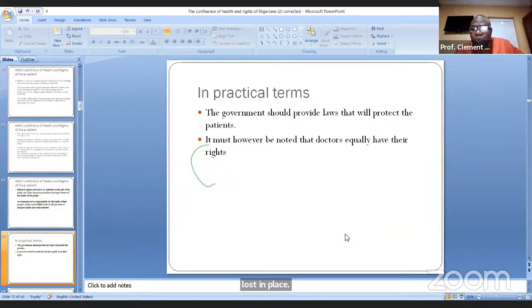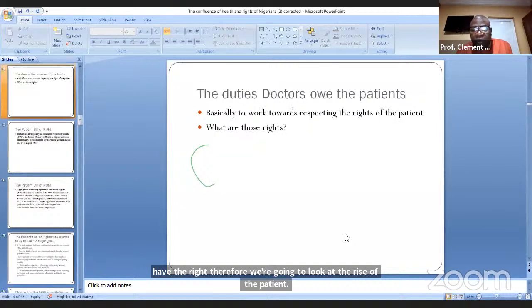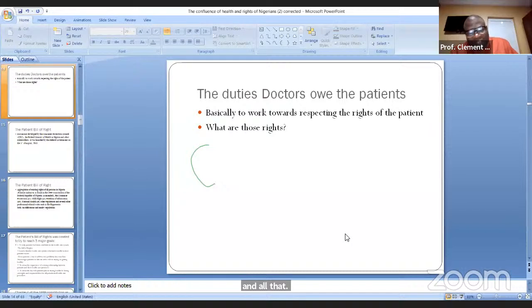Number 2, we also need to know, however, that doctors are human beings and that they equally have their rights. Therefore, we're going to look at the rights of the patients juxtaposed against the rights of the doctors, and we'll draw some similarities. Now, we mentioned duty of care a while ago in general terms. We're now looking at the duties the doctors owe the patients.